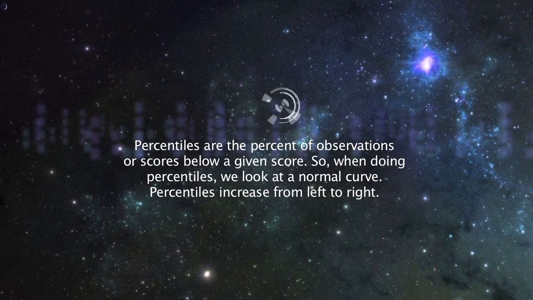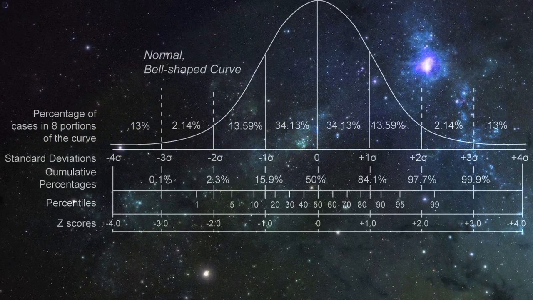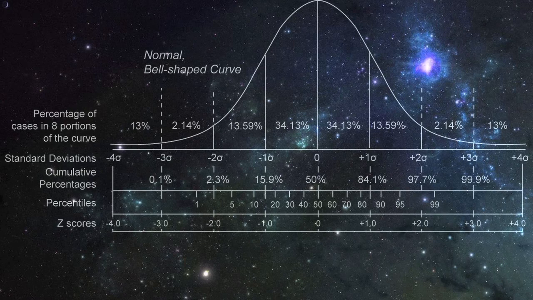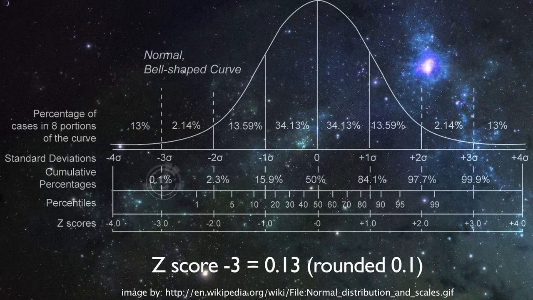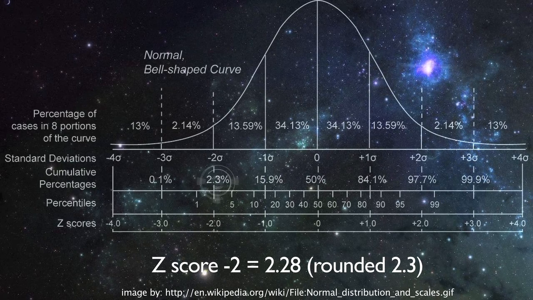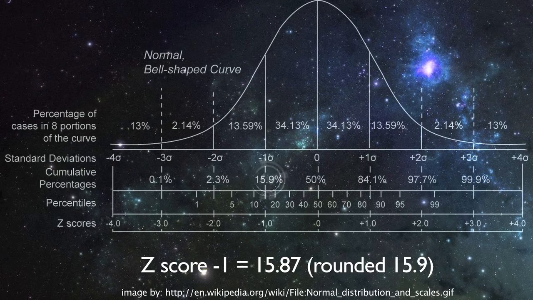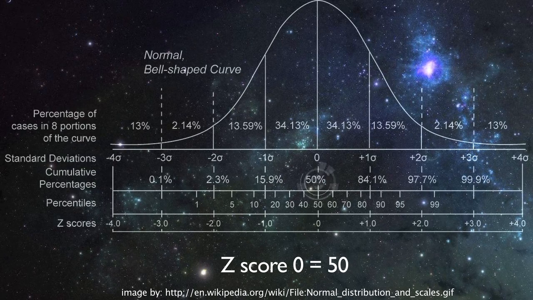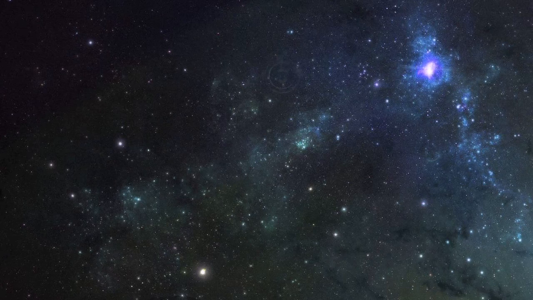So when doing percentiles, we can look at a normal curve and then look at the scores and percentiles from left to right. At a z-score of -3, for example, the percentile is 0.13. At a z-score of -2, the percentile is 2.28. At a z-score of -1, the percentile is 15.87. At a z-score of 0, we're at the 50th percentile. Note, remember to round to the nearest whole number.